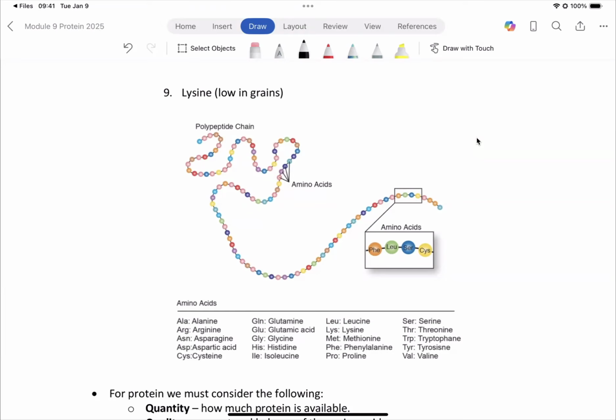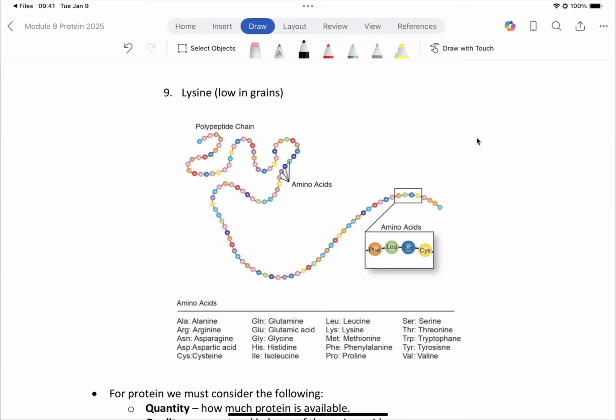Let's say it needs an orange one, a green one, a pink one, an orange one, a green one, oh my gosh, no more pink ones? It can't build that protein. It can't build the protein, so it's malfunctioning. So it takes it all apart and tries to build something else. That's why having all of the essential amino acids is important.